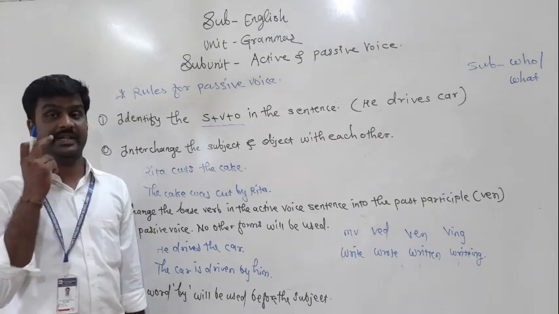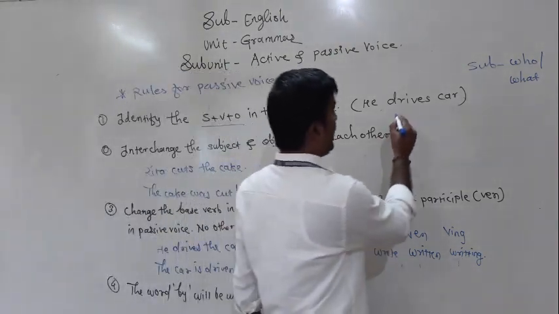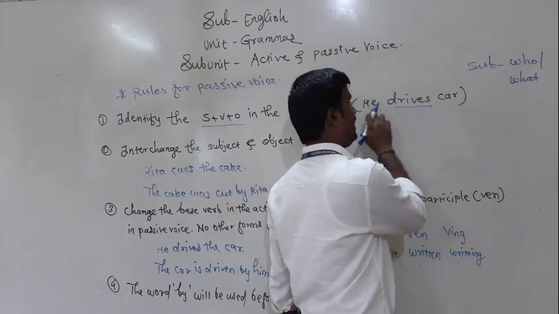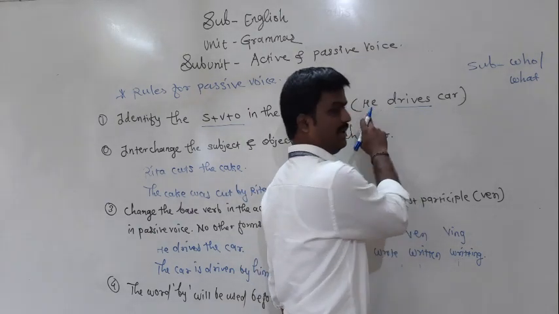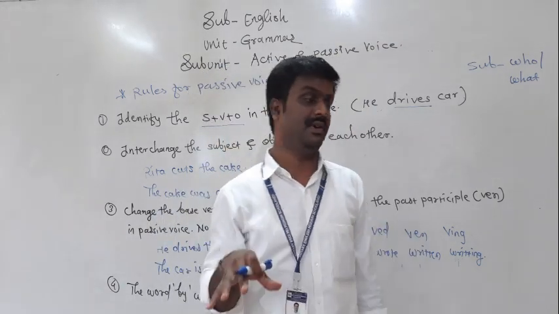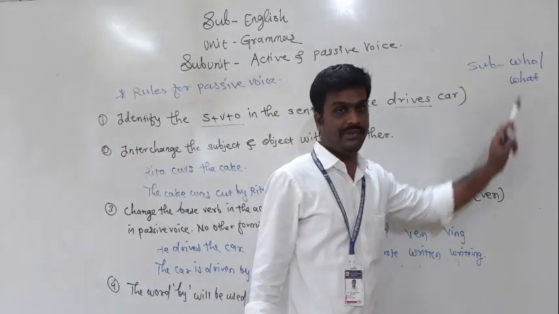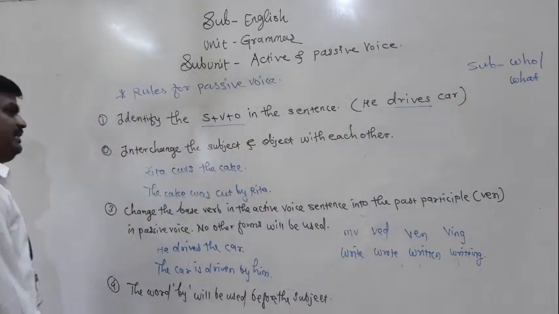Who drives car? He drives car. Another example: the kettle is very hot. What is very hot? The kettle. So by asking the question who and what, we get the subject from the statement.